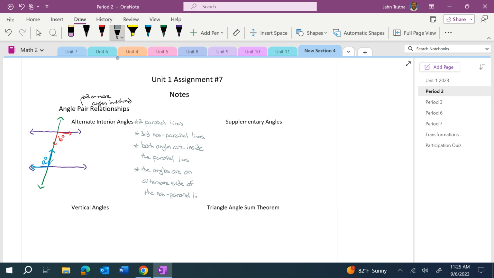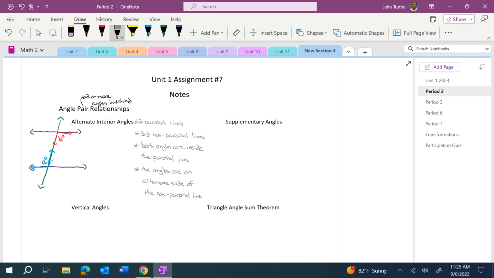So when you have 2 parallel lines, the lines in purple, and you have a third non-parallel line, the line in green, when you see 2 angles that are inside the parallel lines, in the inside part between the parallel lines, and those 2 angles are on alternate sides of that third non-parallel line, those are called alternate interior angles. So angle A and angle B would be considered alternate interior angles.